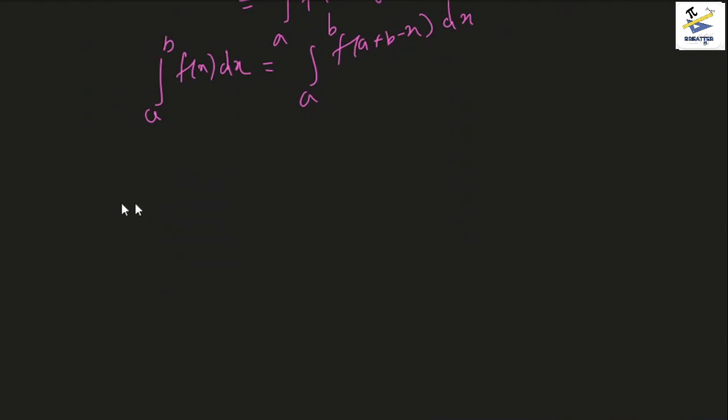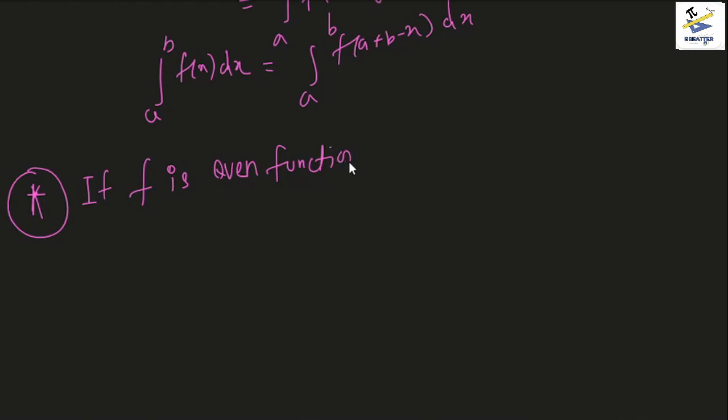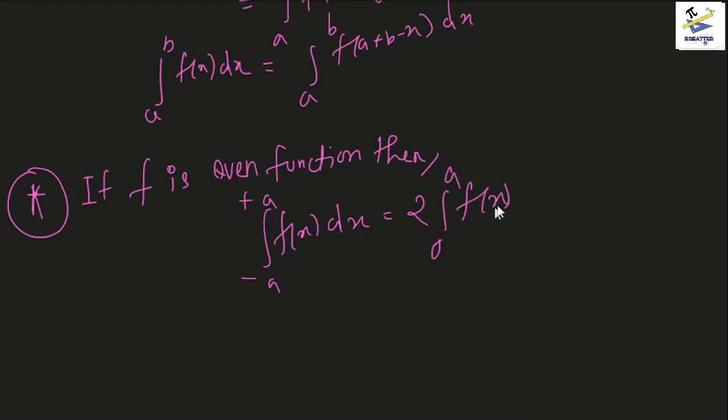Like, first of all, if f is an even function, it becomes 2 into integral from 0 to a of f of x dx, right?